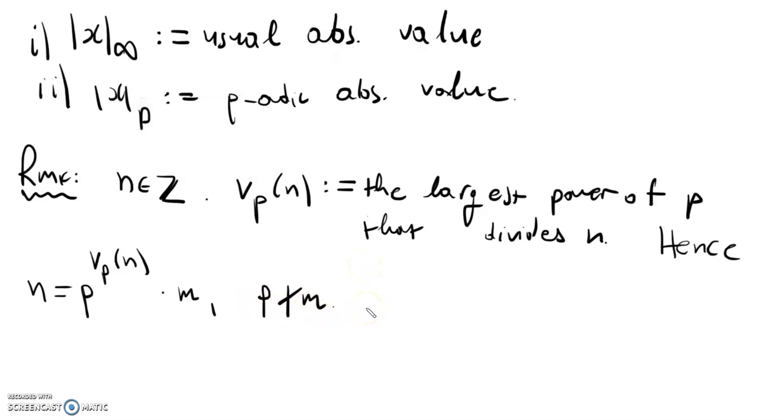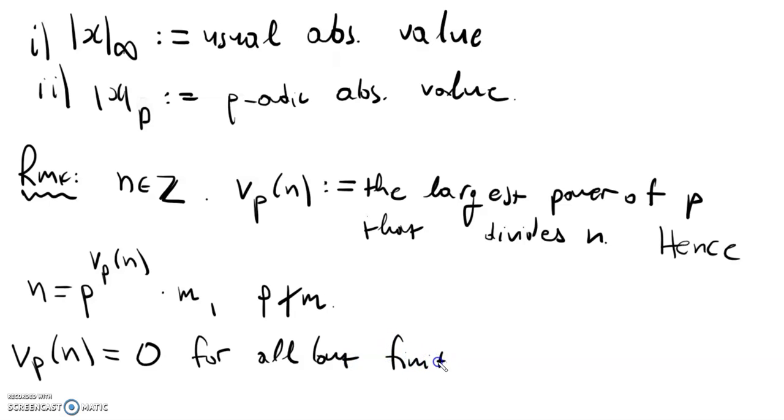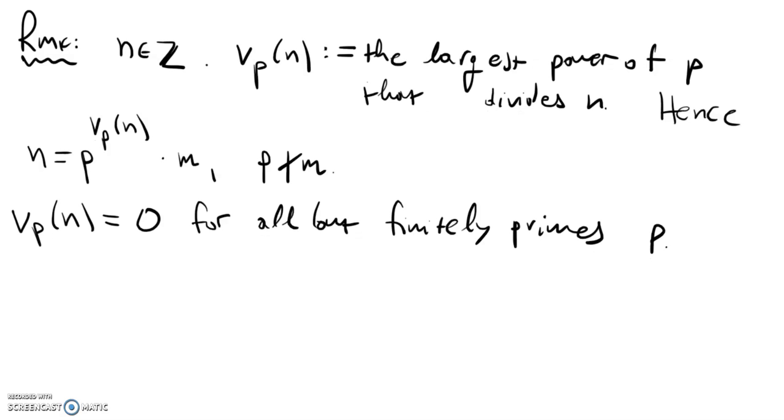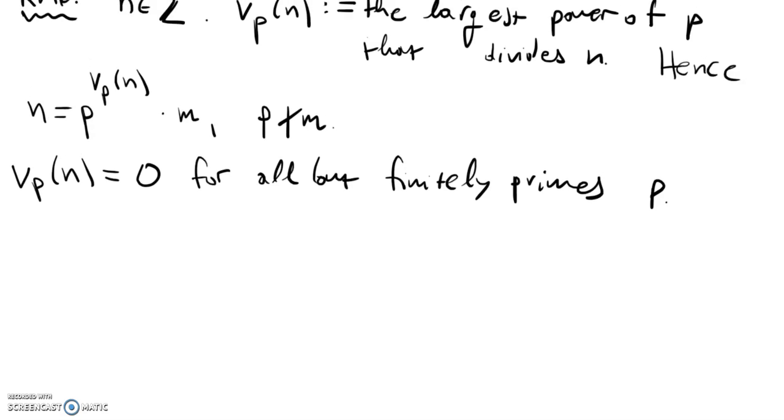Now the important observation, which is really simple and which I'm going to use later, is that if n is an integer, then Vp of n is 0 for all but finitely many primes p, simply because every positive integer only has finitely many prime divisors.